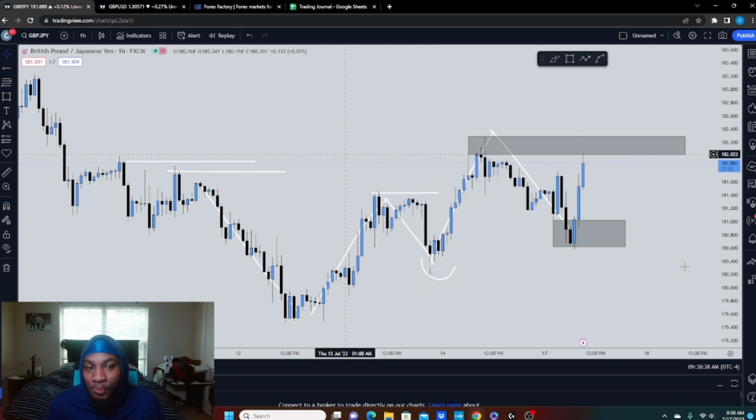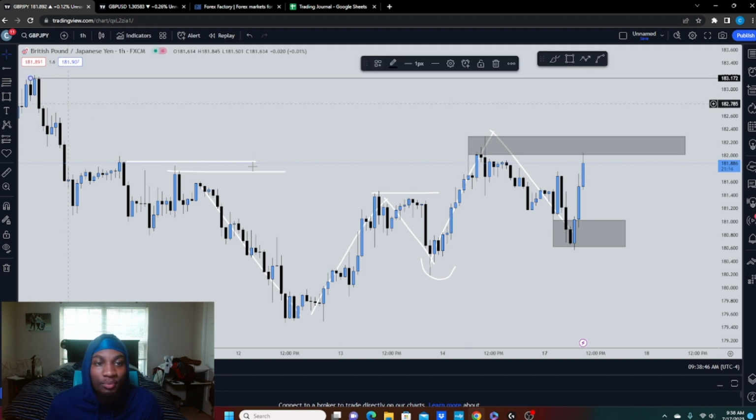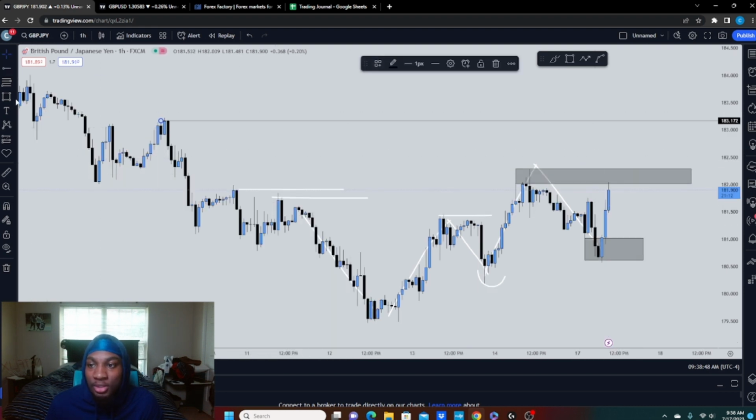And if it decides that it wants to break here, it'll continue up probably to this area up here before getting some type of pullback again. So we might come up like this, boom, boom. That's a possibility. And if that is the case, your next take profit, let's say you take a trade down here, would be here first before taking profit up here.